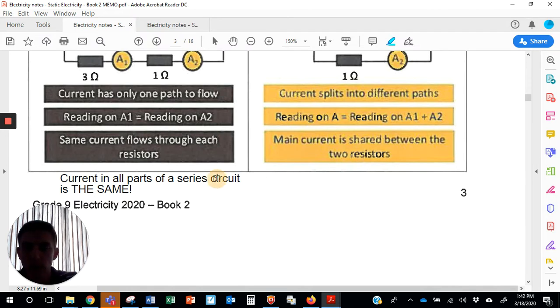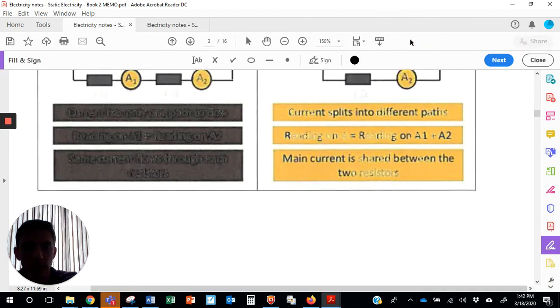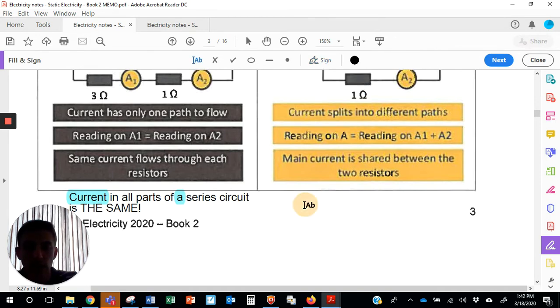So you can make a little note on this side to say that current splits in a parallel circuit.